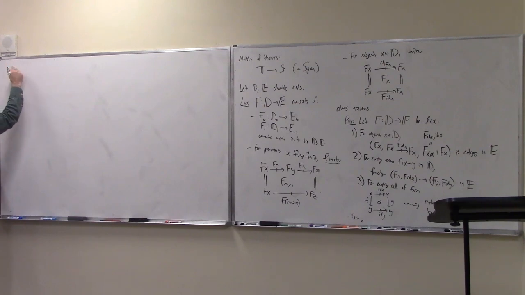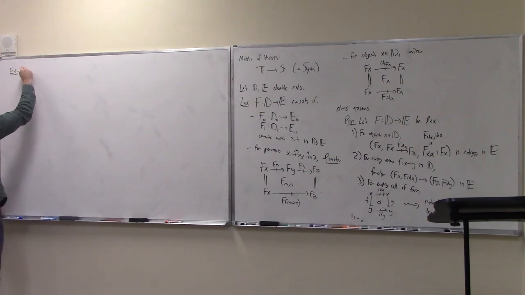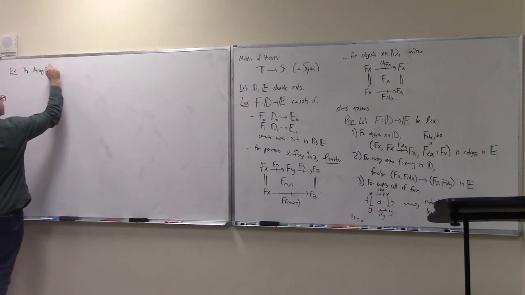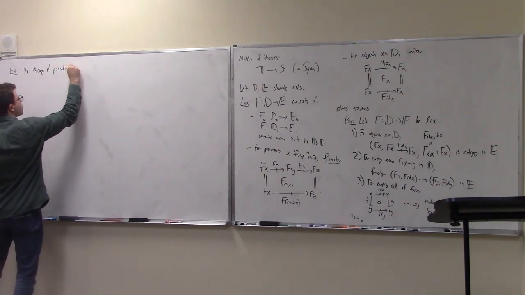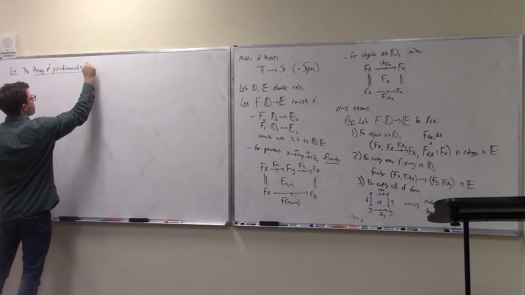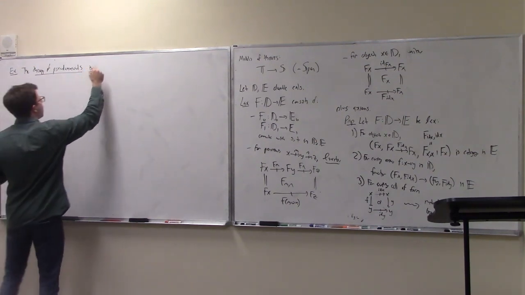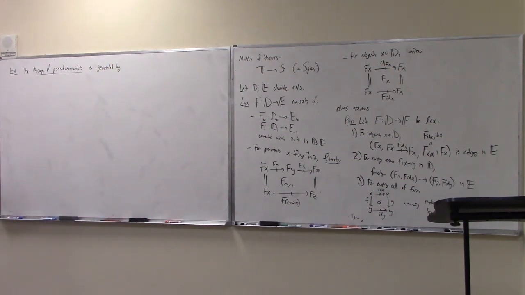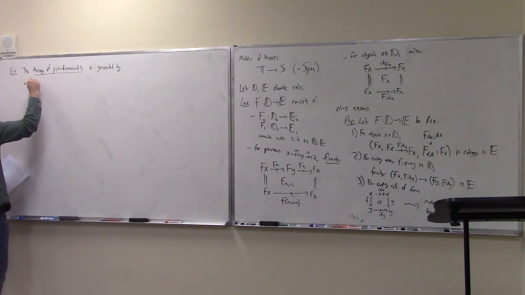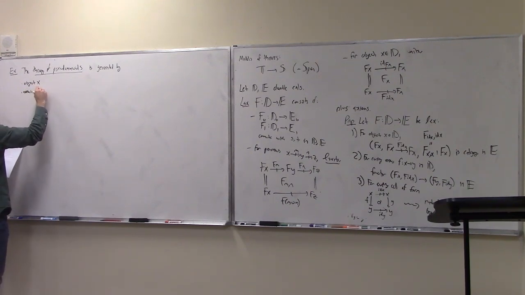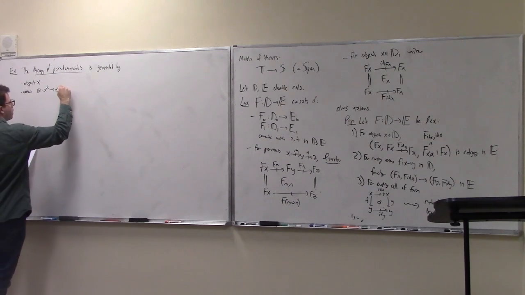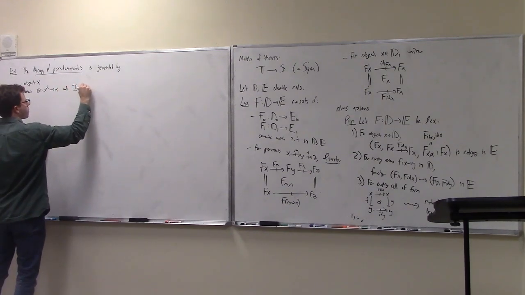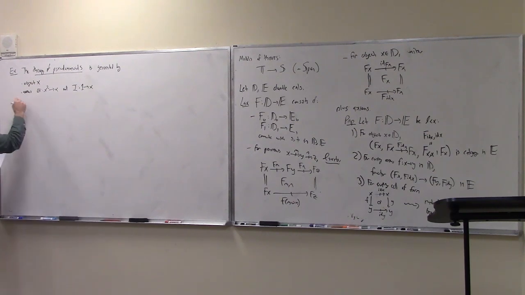I'll call this an example, actually. So the theory of pseudomonoids is a Cartesian equipment that's generated by an object X, arrows for the tensor and the unit.